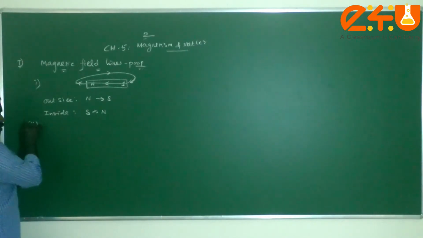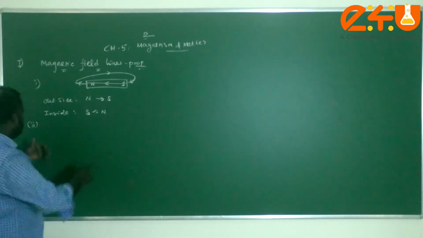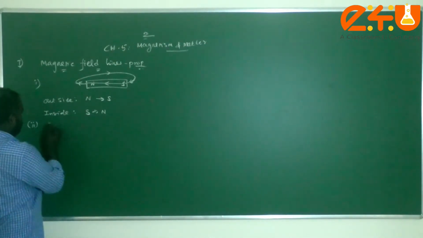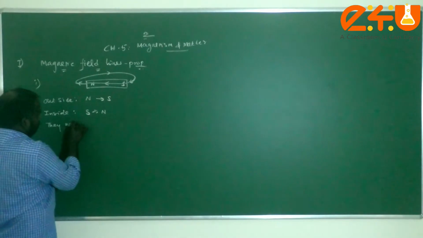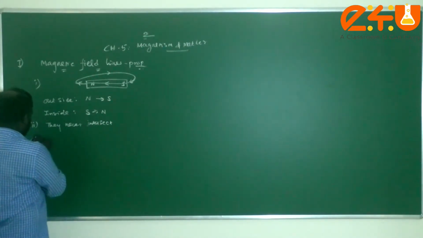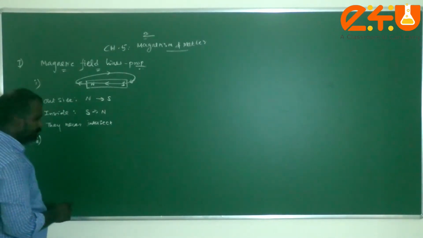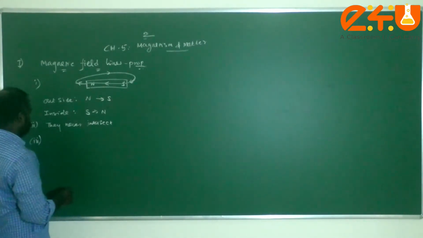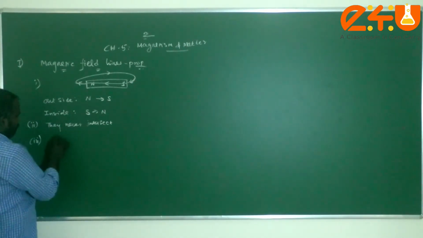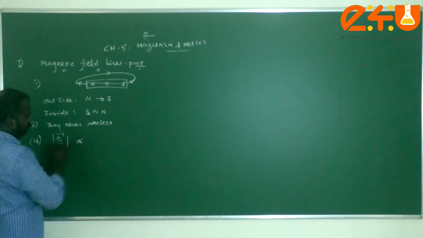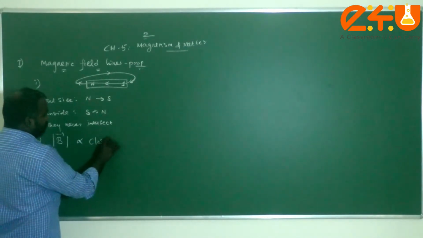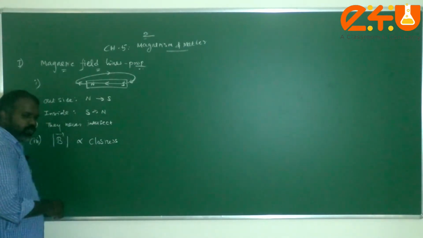The second property is that they never intersect with each other. The third property is that the strength, or magnitude, of the magnetic field is directly proportional to the closeness of the magnetic field lines. Directly proportional to what, children?